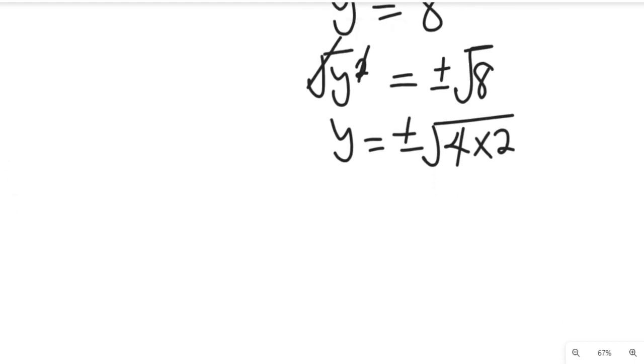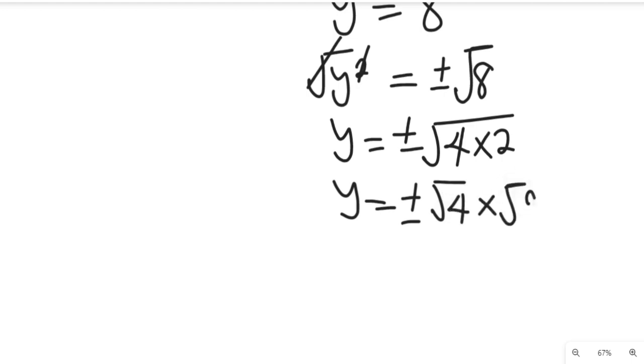And what will that solution give us? Our y will be plus or minus the square root of 4 multiplied by the square root of 2. So this will be equal to plus or minus 2 root 2.